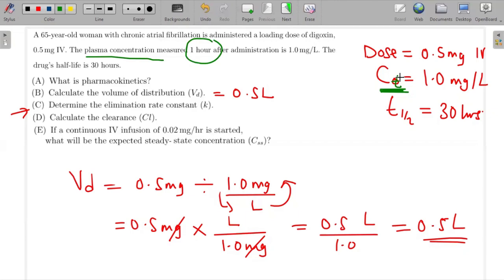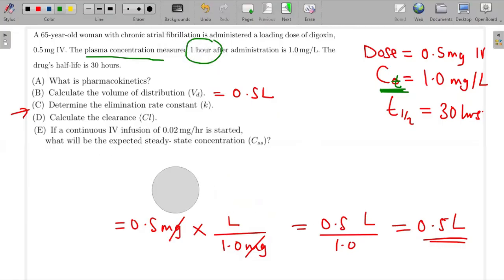Okay, so now let's find the elimination rate constant K. We're going to get it from the formula for the half-life. In pharmacokinetics, most of the processes follow first order kinetics.